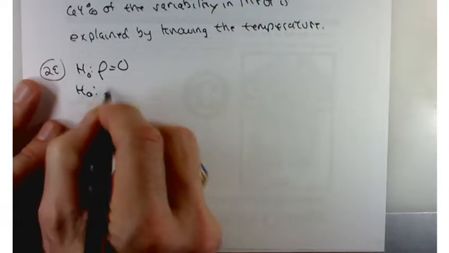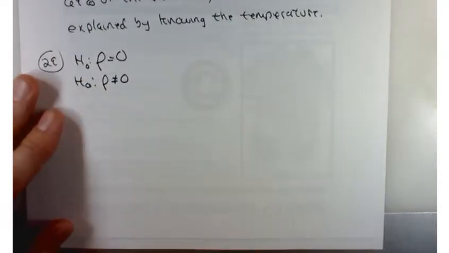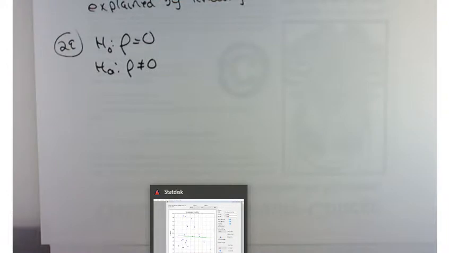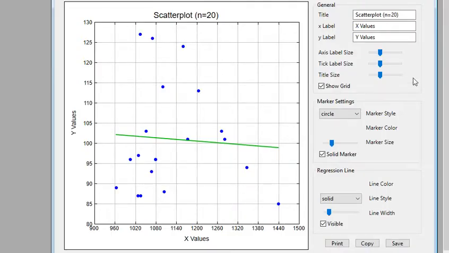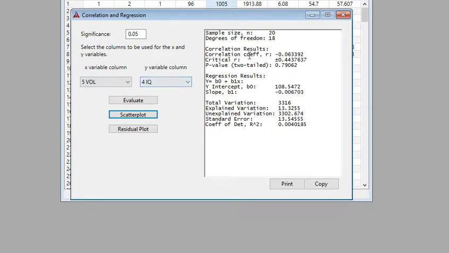So I'll close out the scatter plot and look at R, the correlation coefficient. R in this case is negative 0.0634, we'll call it. The p-value for this test is 0.7906.